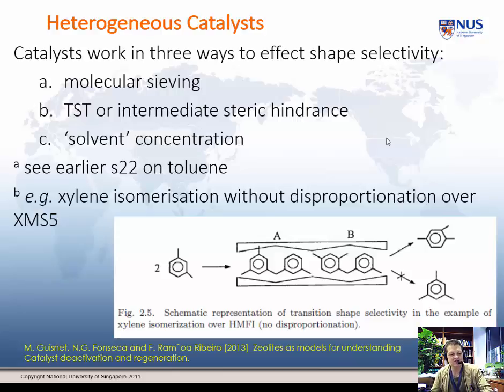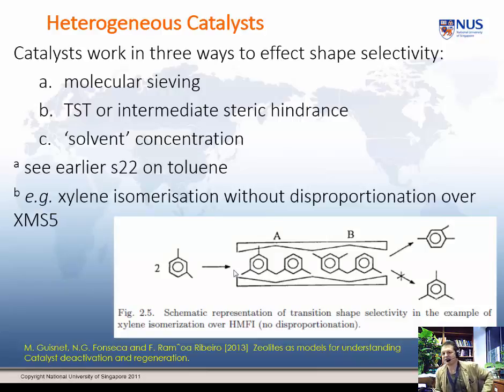Or you can use, in inverted commas, solvent concentration. So an example here, certainly of A, would be slide 22 on toluene. For B, this is a good example: xylene isomerization without disproportionation over ZSM5.